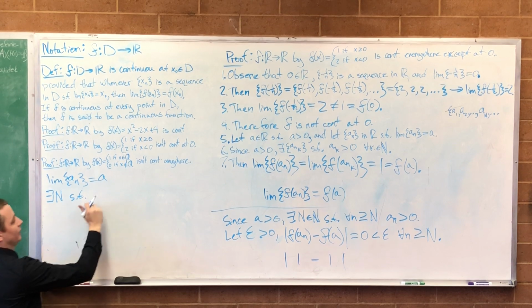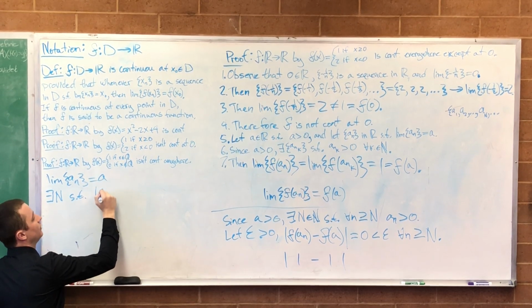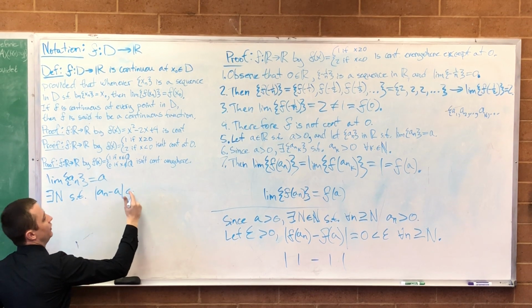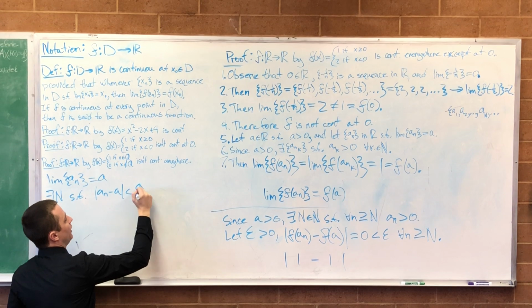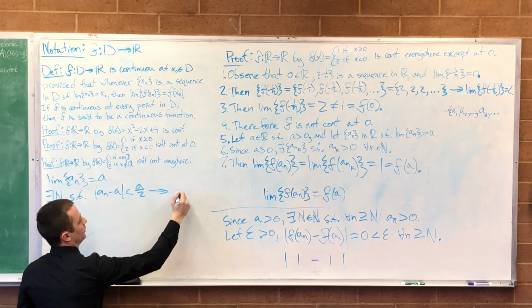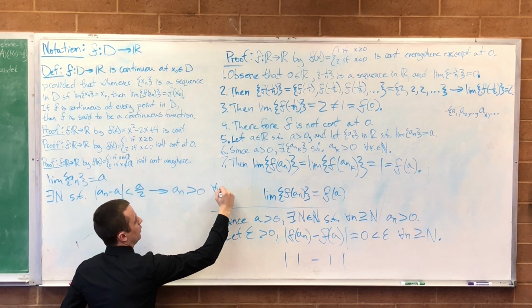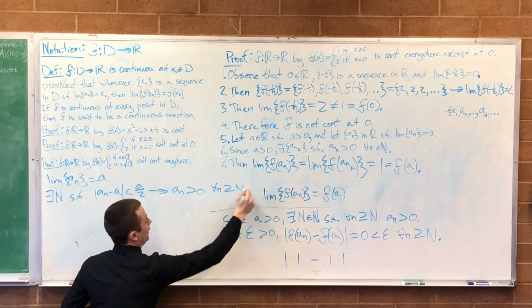There exists some index N such that a_n minus a is less than a half, which would give us a_n greater than 0 if we work with the inequalities for all n greater than or equal to N.